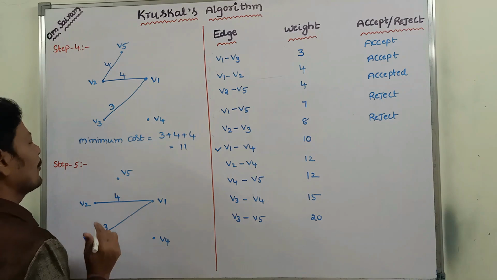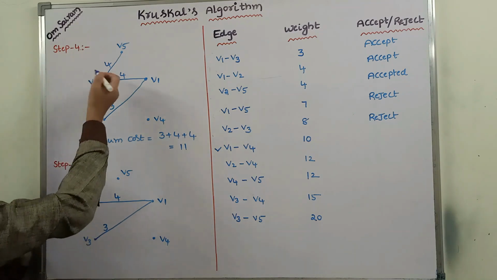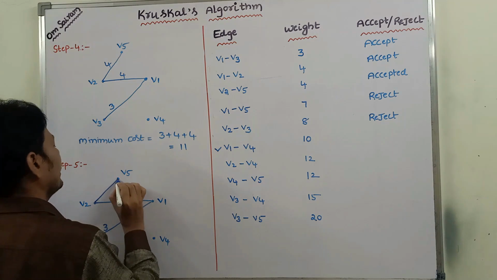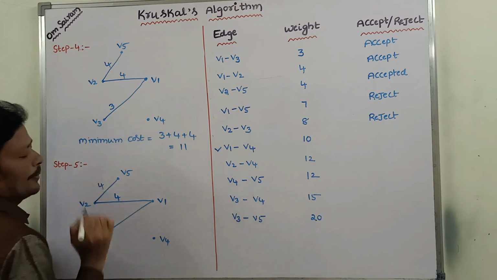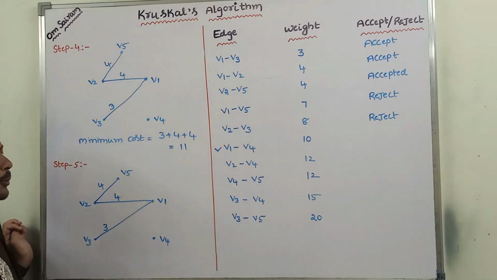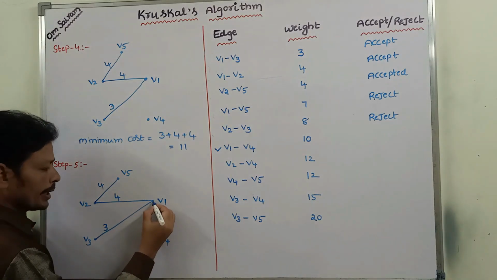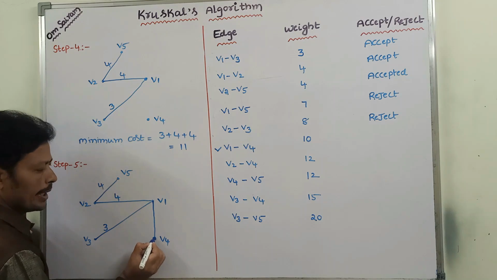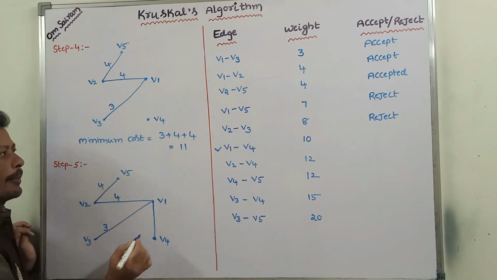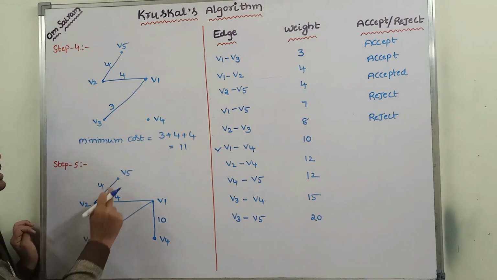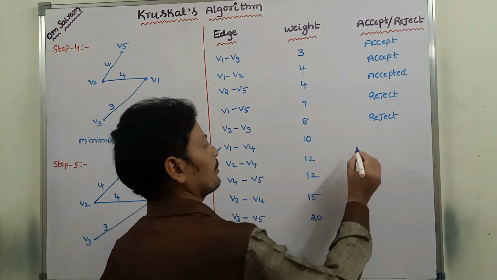Before going to step 5, whatever spanning tree we have in step 4, I am writing here. Next, V1 to V4. After adding this edge V1 to V4, no cycle is formed. Its weight is 10, so this edge is accepted.